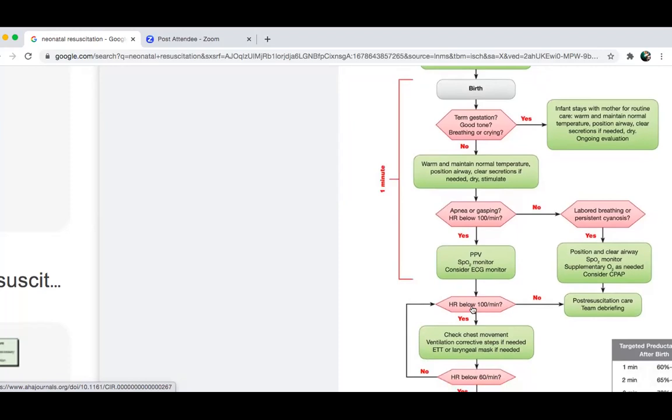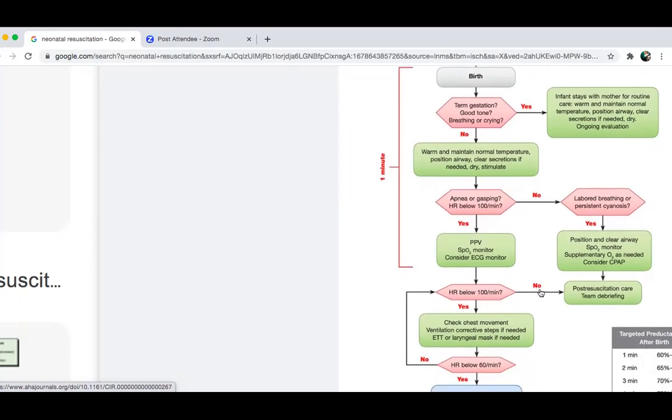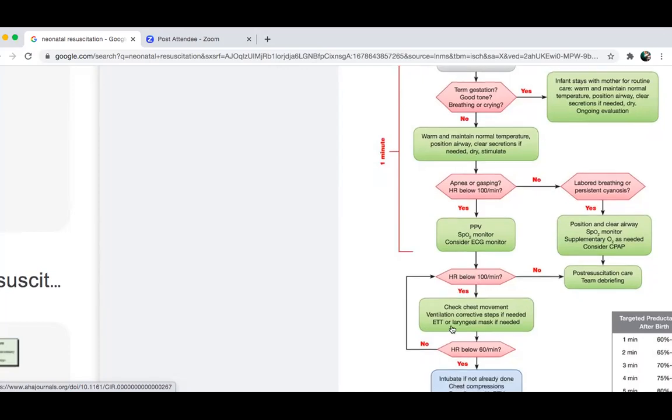Then coming back, if we see on all of these that heart rate is still below 100, now what are we going to do? If it's not, then obviously postnatal resuscitation care, debriefing: you have to tell the patient about what happened, we tried to recover it, gave oxygen, all this CPAP, and then the baby is going to be in the normal state. But still, if everything is done and heart rate is still below 100, what are you going to do?